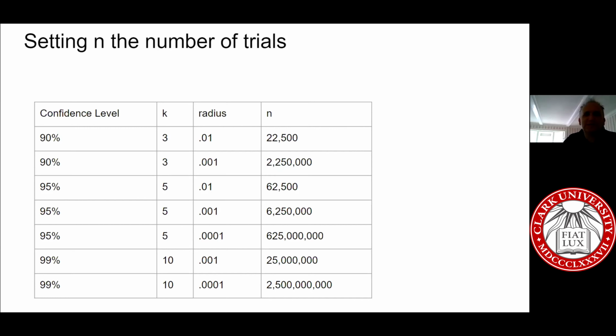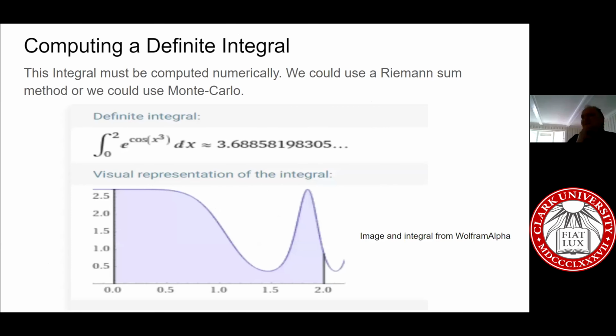All right, so we'll just do some examples. If I want to calculate this integral, 0 to 2 of e to the cos of x cubed dx, which is not on your honors calculus midterm, you can't do it analytically, right? You could use Simpson's method or many other methods, but one option is to use a Monte-Carlo simulation.